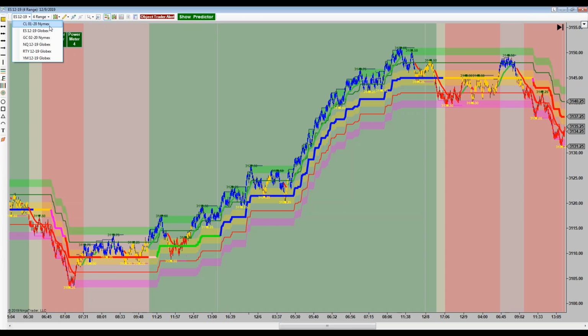Futures are somewhat similar in that sense. For example, here on the equities, which are ES, the E-mini S&P futures, NASDAQ futures, mini Russell futures, and the mini Dow, are all on the December front month contract.